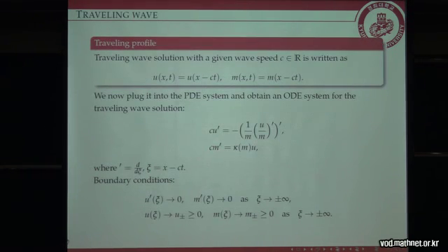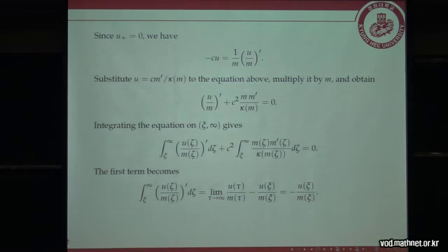So from the second equation, U equals C M prime over K of M. So we have this equation, right? We take integration one more time. Then we have this term, right? Here is the derivative, so we have this simple formula. Because U plus equals 0, this equals this.